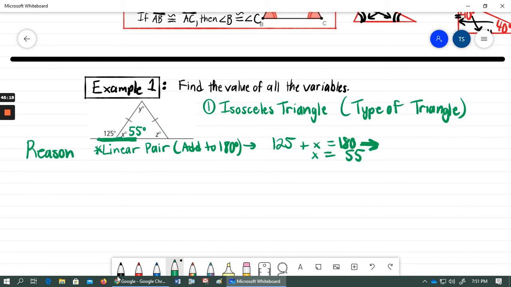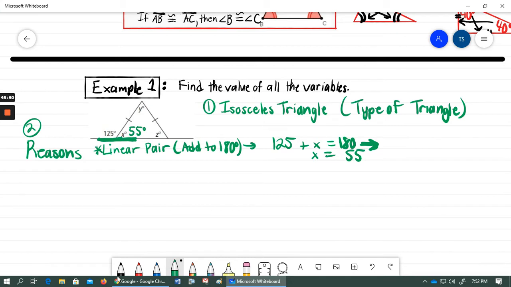There's a reason why x equals 55, and you need to know it. I'm writing it out, and you've got to know in order to do all of that. That's all I'm trying to say. I need for you to write it all out when you show me your work. All right, so x is 55 degrees, folks.